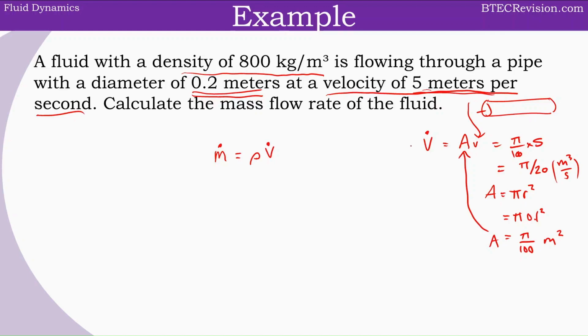Now we know that, we can plug that in to the very first equation. So the density is 800, so that's 800 times the volumetric flow rate, which is pi divided by 20.